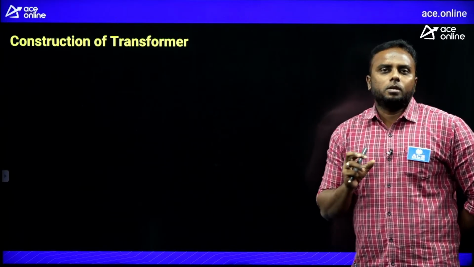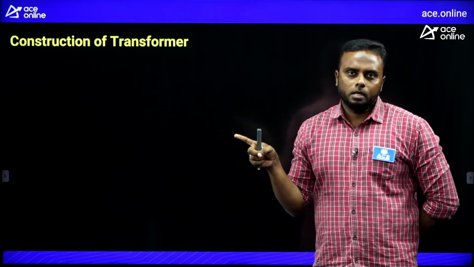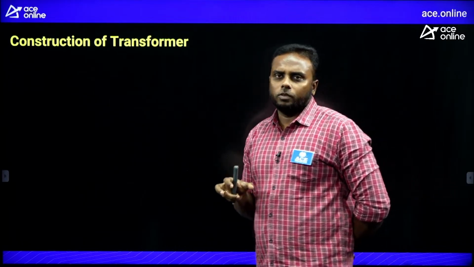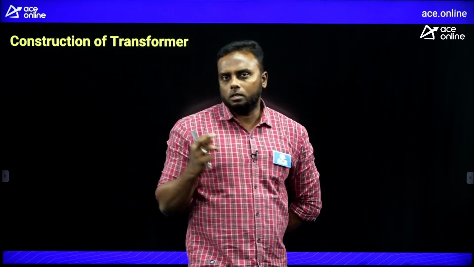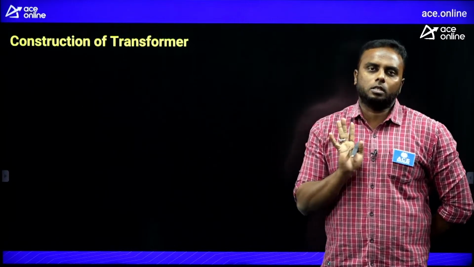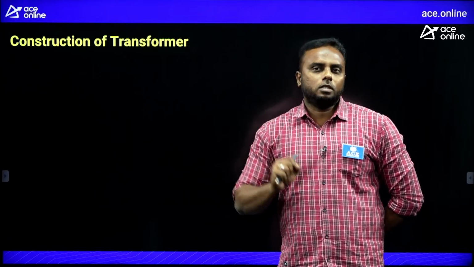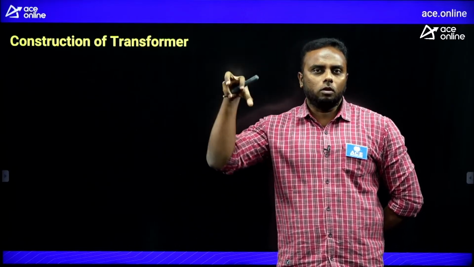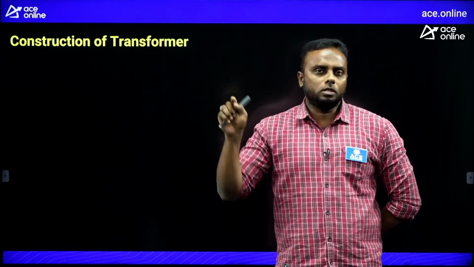Next, in the transformer core, we have 2 types of magnetic circuits, core type and shell type. Recently in previous exams we have had questions on this. In core type, which one surrounds which? If we take core type transformer, the winding surrounds the core, means winding comes outside and core goes inside. In shell type transformer, the core surrounds the winding.